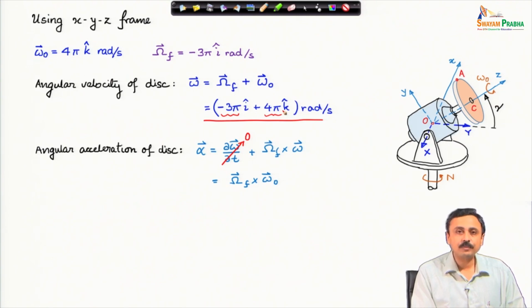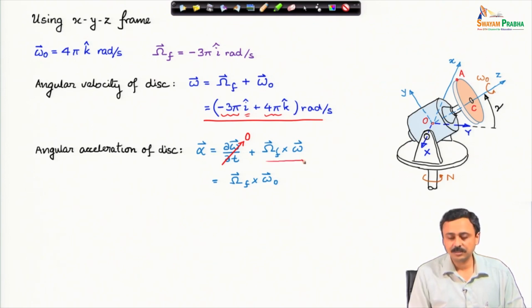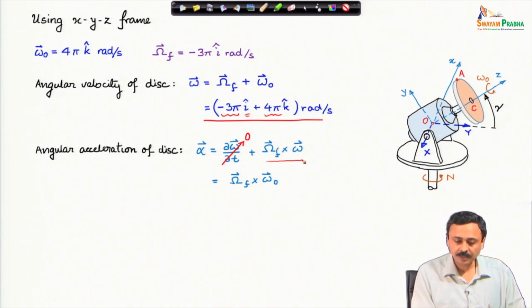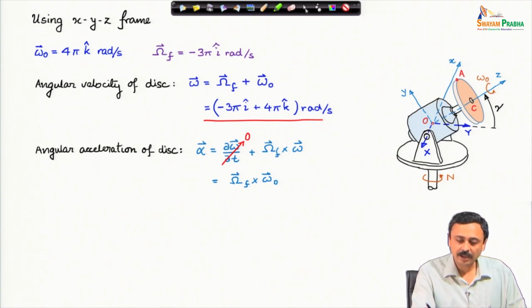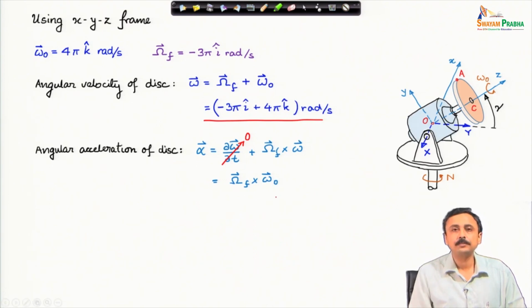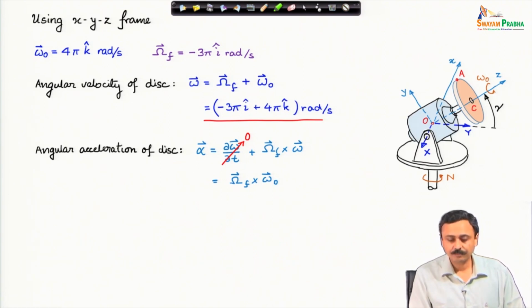The other part comes from the frame derivative, the I cap vector dot and k cap vector dot, that sits in this term. Since the magnitudes of omega naught and omega f are fixed, not time dependent, the local derivative vanishes, and what we have is the angular acceleration because of the frame rotation, omega f cross omega naught.